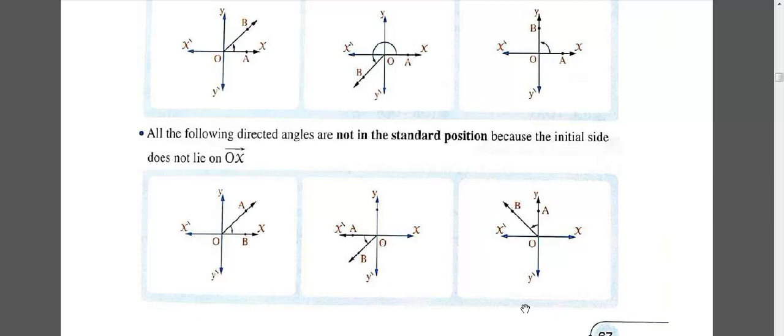Okay, so all the following directed angles are not in the standard position because the initial side doesn't lie on OX.